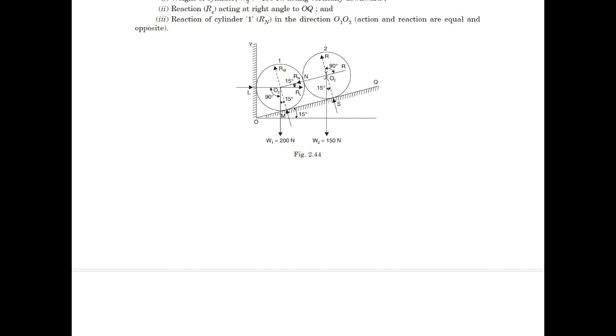So we will point it from O2 towards the right. Although in the figure the arrow is shown over here, accordingly we will find the angles.